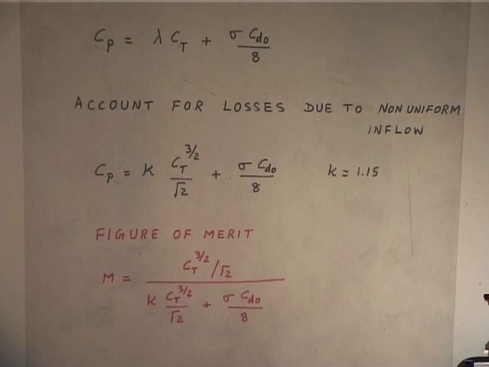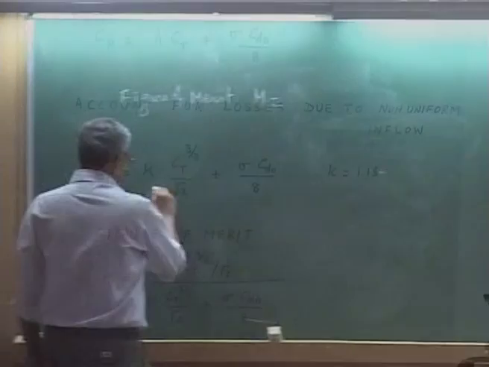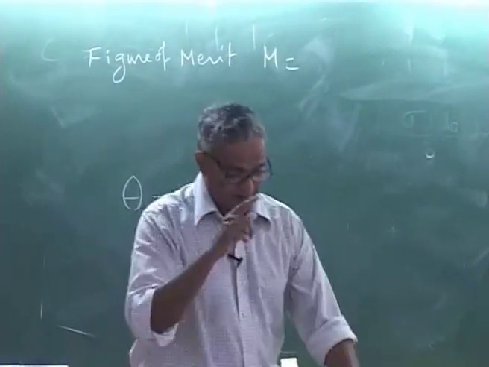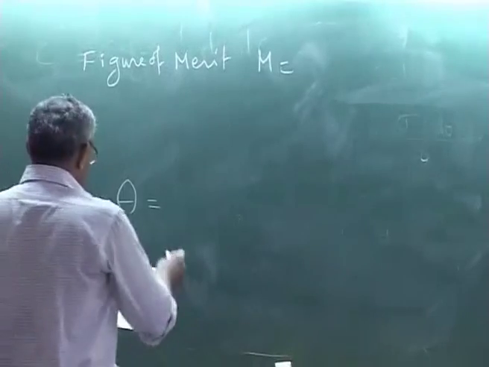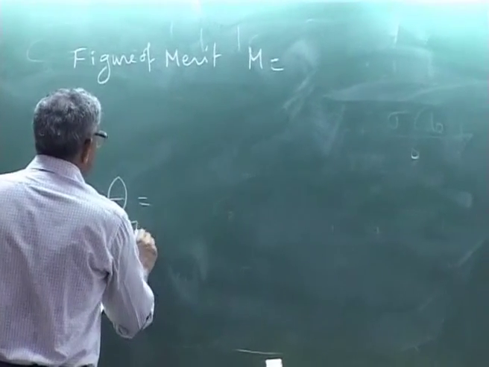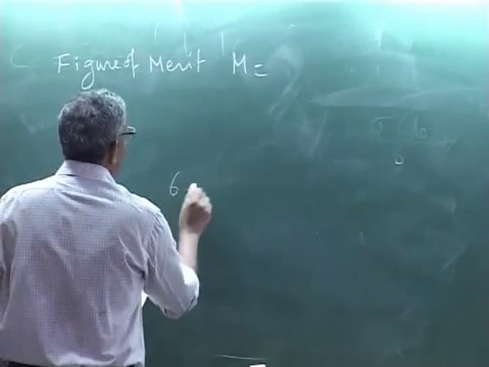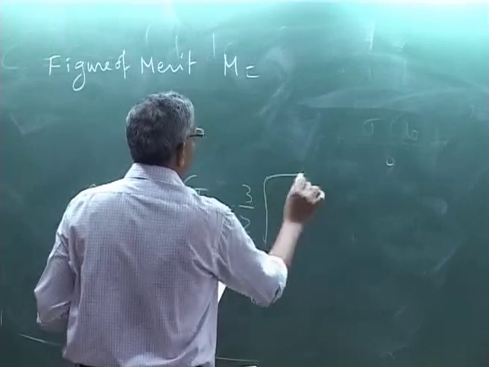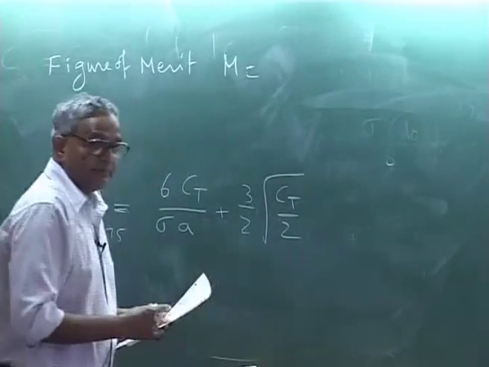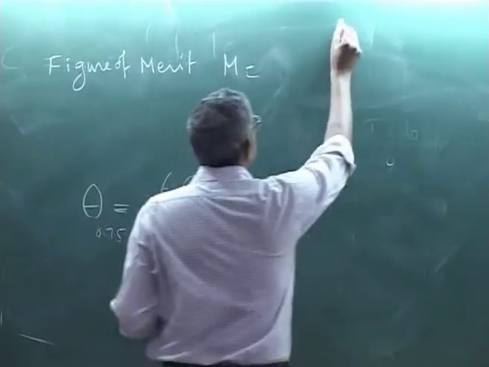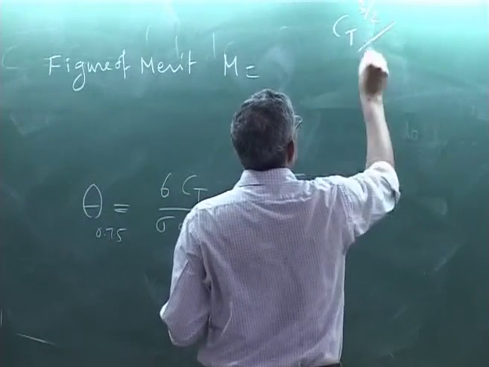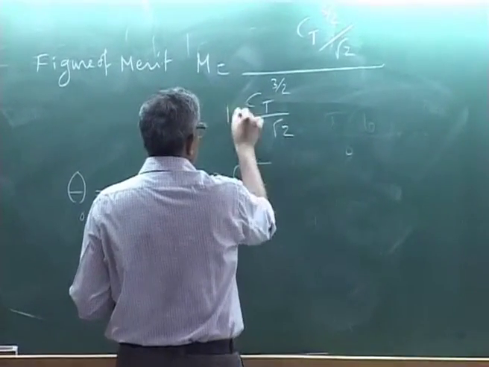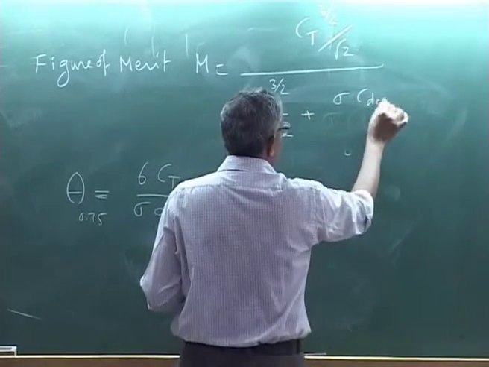But last class I mentioned something, that is, you saw theta, the pitch angle, theta 0.75. Last class I wrote here figure of merit equals Ct to the power 3 by 2 over root 2, plus sigma Cd naught over 8.